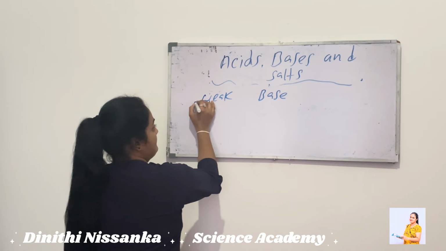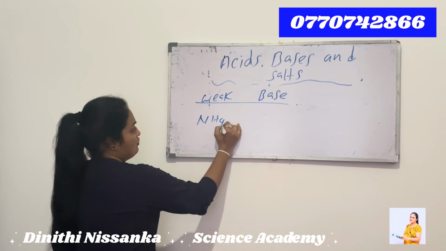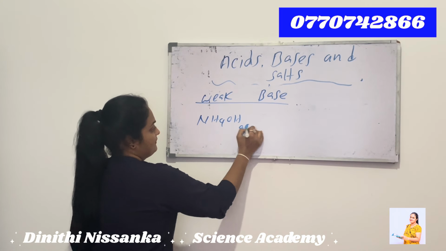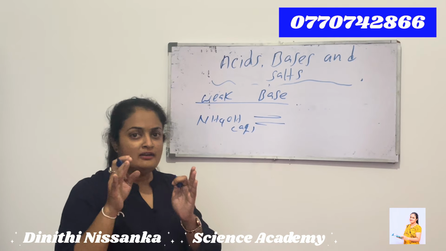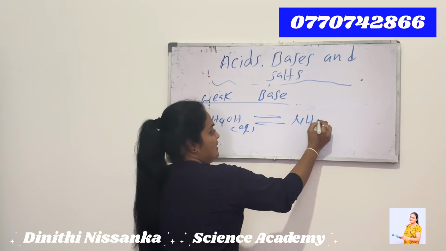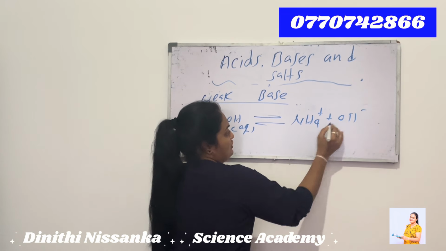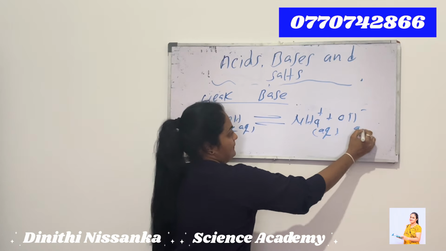The example for a weak base is ammonium hydroxide, you know the symbol, NH4OH. This is partially dissociated in the aqueous medium and releases ammonium ion and hydroxyl ion.